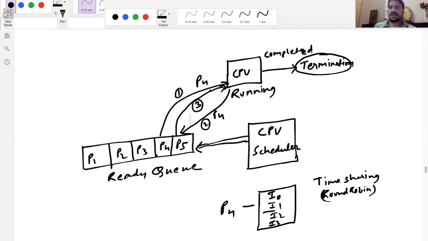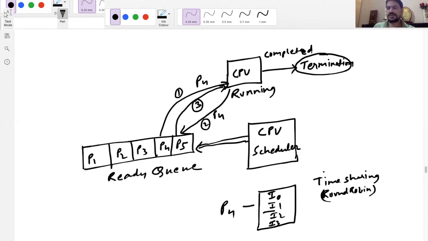Preemptive means there is a chance that the process which is running in the CPU at a time will be forcefully taken out from the CPU and put into the ready state, and another program with higher priority or the next time slot can occupy the CPU. So for multi-programming to be done, the CPU scheduler will take care of it and do the preemption operation.